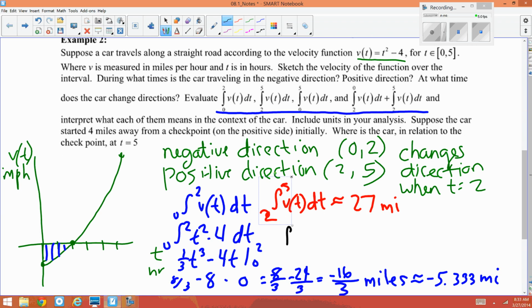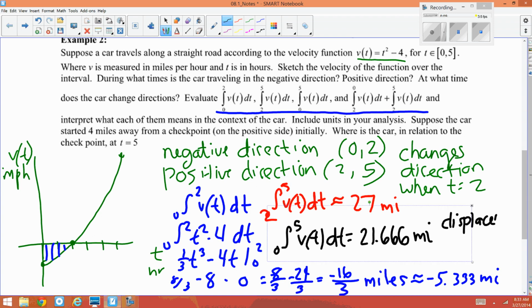If now we change to 0 to 5, if we evaluate this, we get 21 point about that miles. This gives us the car's displacement. You've probably heard that word before. It gives the car's displacement, the net change over that time.